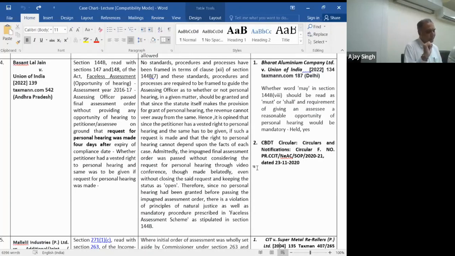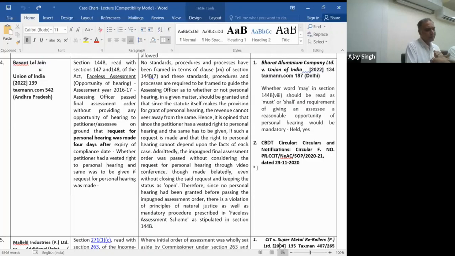The assessee challenged this before the Honorable Andhra Pradesh High Court, and the court said, after looking into the provision, that even if it is after the due date or the notice date which is provided, if such a request is made, the assessing officer is duty bound to provide a hearing to the assessee if the orders are not passed, and he simply cannot reject that and move ahead with passing of the order.